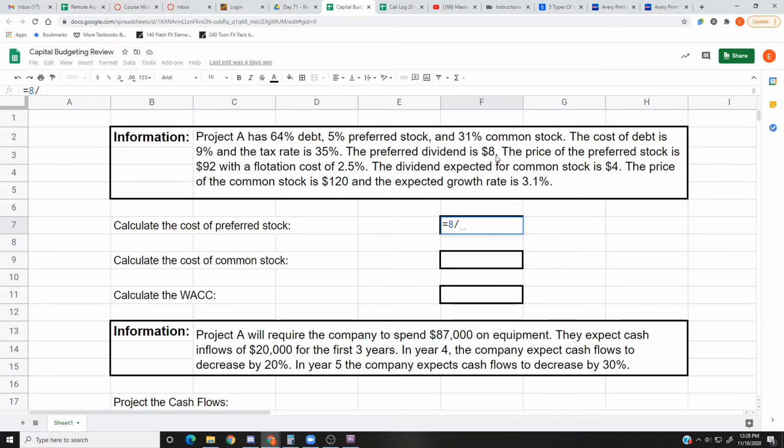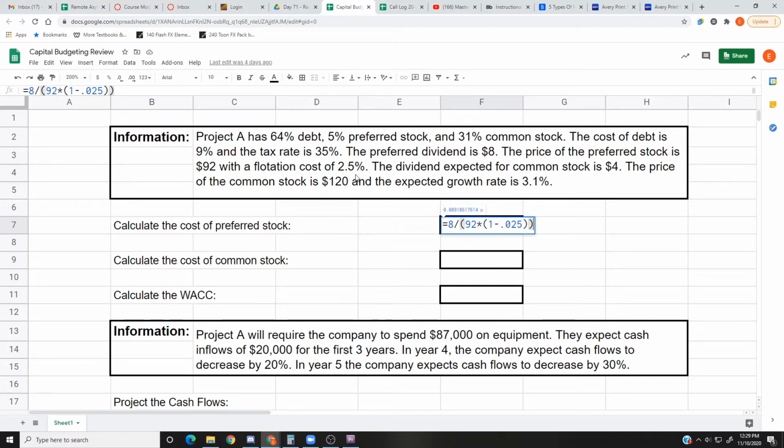But it's going to be parentheses, and then it's going to be the price of the stock, 92, times parentheses, okay? And then I've got 1 minus the flotation cost in decimal, so 0.025, close two parentheses.